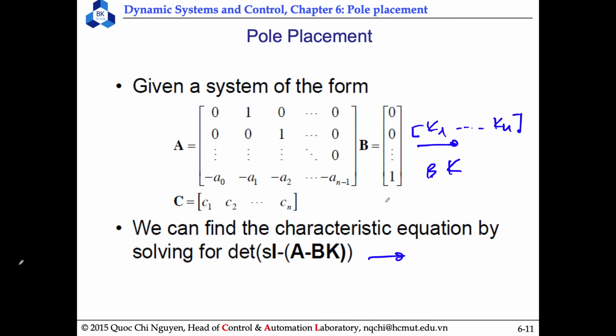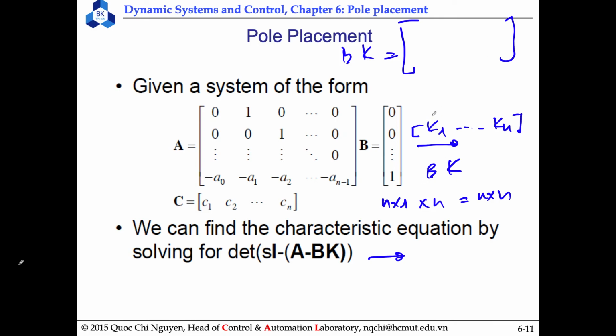This is n by 1, this is 1 by n, so the result will be n by n. What is the result of BK? B multiplied with K. Just take one row and multiply with one column.